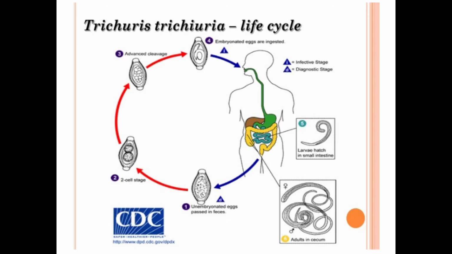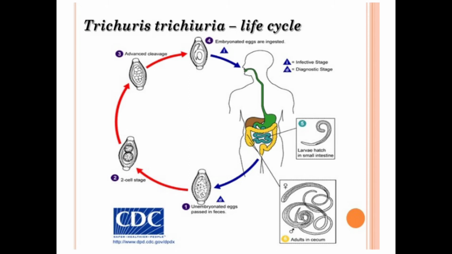The adult worms are fixed in that location, with the anterior portion threaded into the mucosa. After infection, the females begin to oviposit at 60 to 70 days. So they start laying eggs.